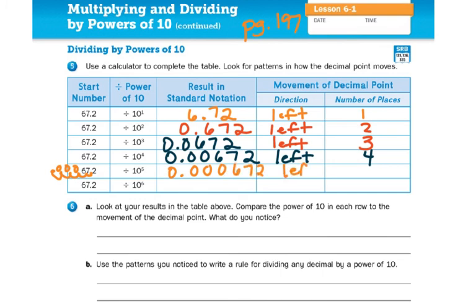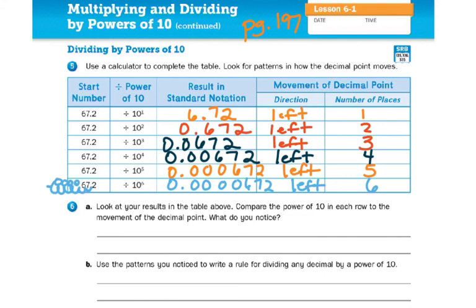It moved to the left. How many spaces? 5. And lastly, for this table, 67 and 2/10 divided by 10 to the sixth power moves 1, 2, 3, 4, 5, 6. It moved to the left 6 places.